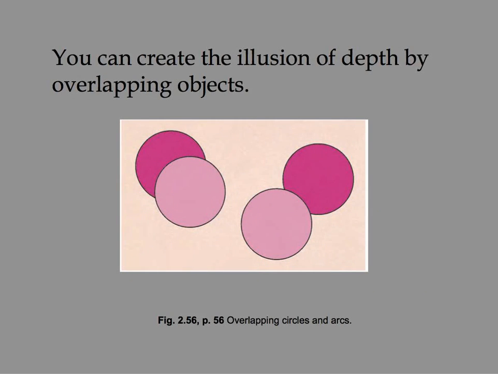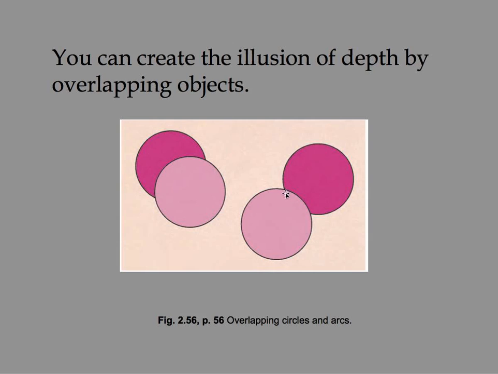One way is to overlap objects. So here, the light pink circles seem like they are closer to us than the dark pink circles. This is also an example of an implied shape, where our minds connect the part of the circle we can't see.